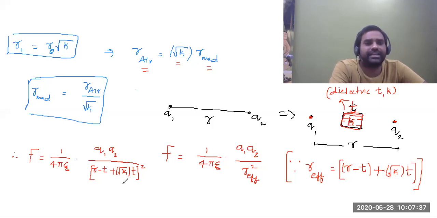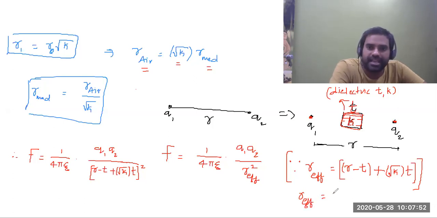Or else if you take T as common, then R effective is equal to R plus T times root K minus 1.